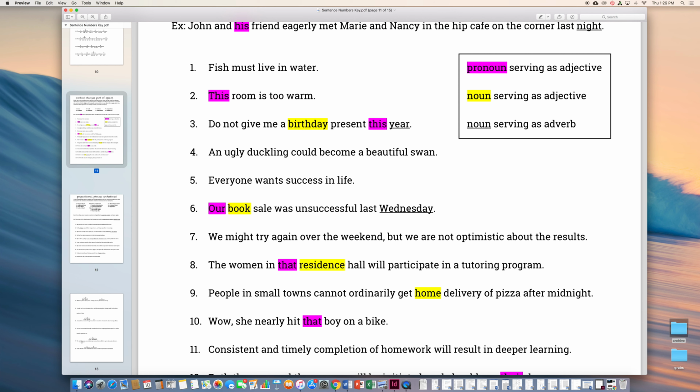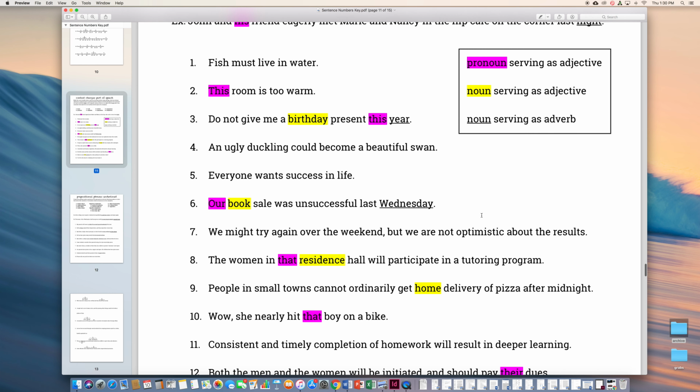One of the things that it's important to keep in mind here is that nouns appear in particular contexts as subjects and objects. So when they're not serving in that role, then we need to think about whether they are modifying some other role or some other job in the sentence.